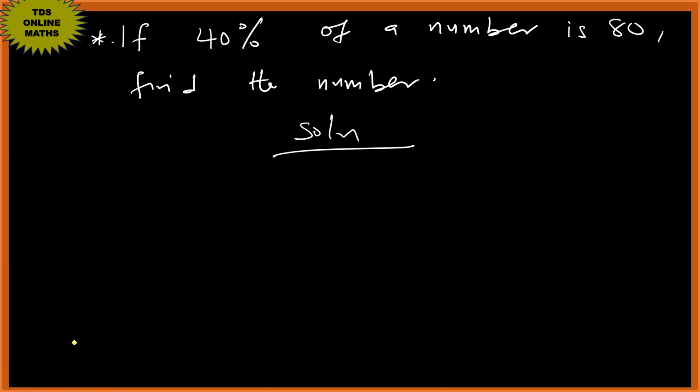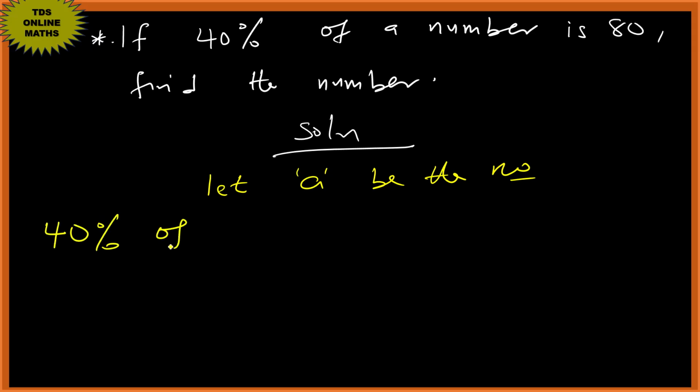Okay. So we don't know the number. So let A be the number. Okay, so 40% of A is 80.